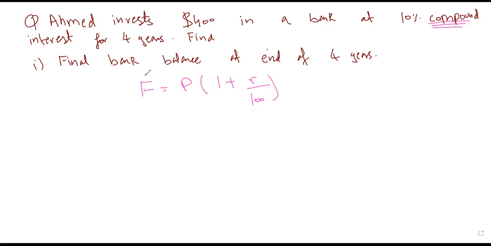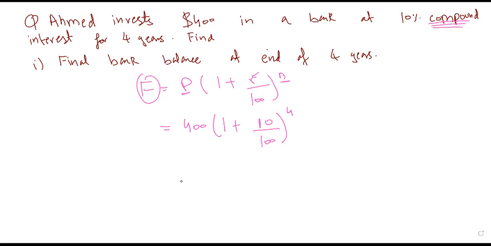So this is the formula. This would be the final amount. This is the initial amount. This is the interest rate and this is the number of years. So this would be 400 into 1 plus 10 by 100, all raised to the power 4.